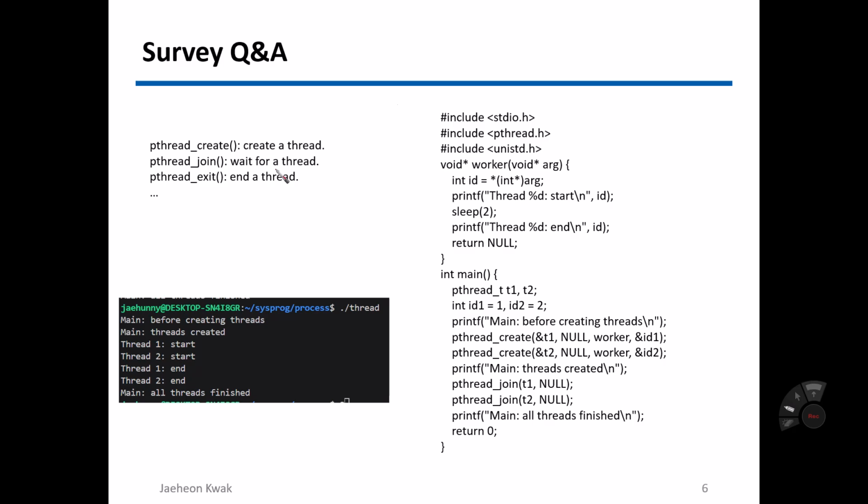When you want to use threads in a Unix system, you have to use pthread. Unlike a process, where the fork function copies the whole parent process, with a thread we define a worker function for the specific thread.